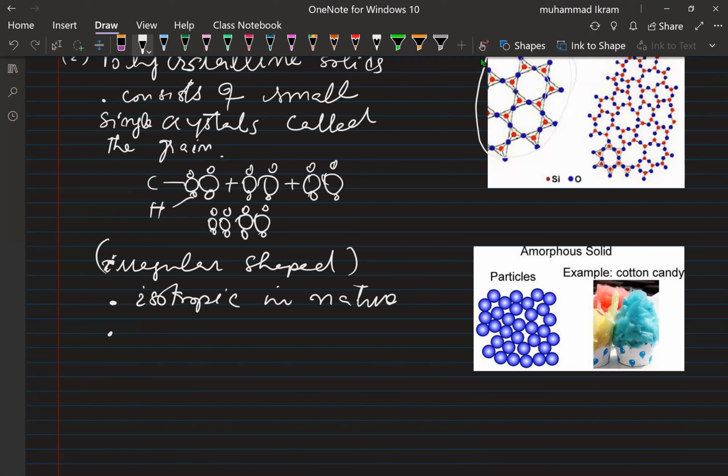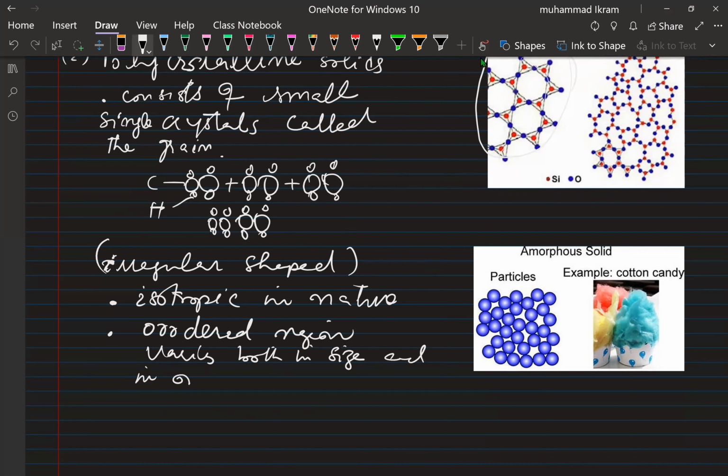In these kinds of solids, the ordered regions vary both in size and in orientation.